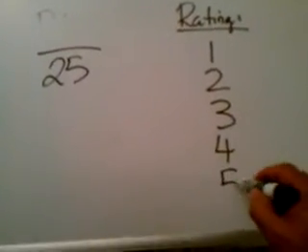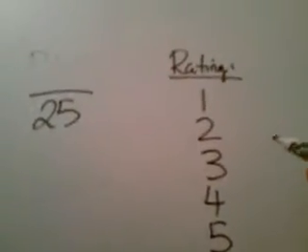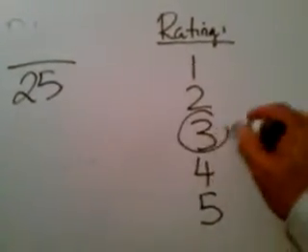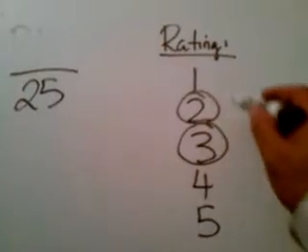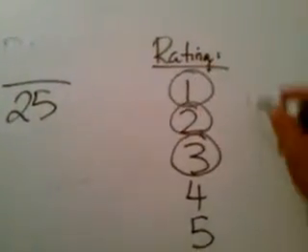Okay, so if we have ratings 1, 2, 3, 4, and 5, I know that 3 or less, I have to include 3, I have to include 2, and I have to include 1.